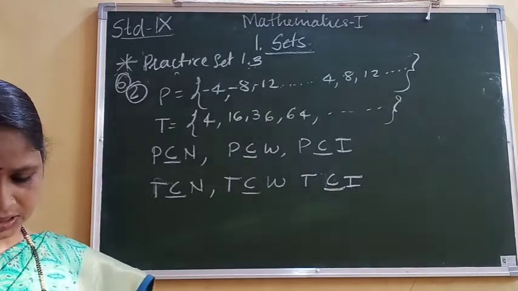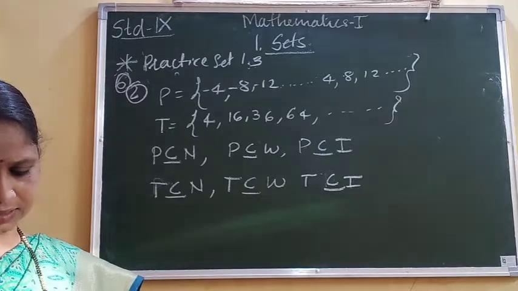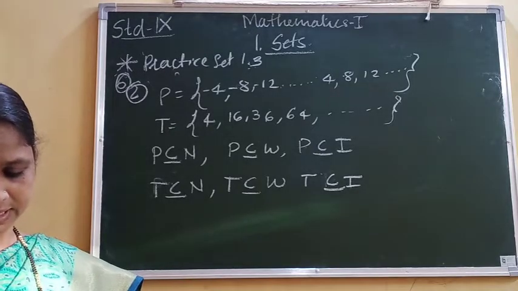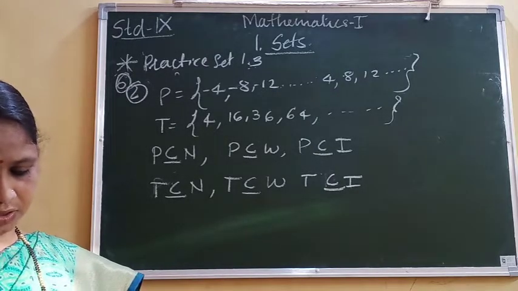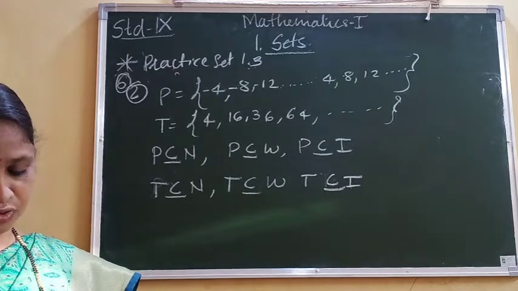Now 7C. Let all the students of a class be the universal set. Let A be the students who secure 50% or more marks in maths.